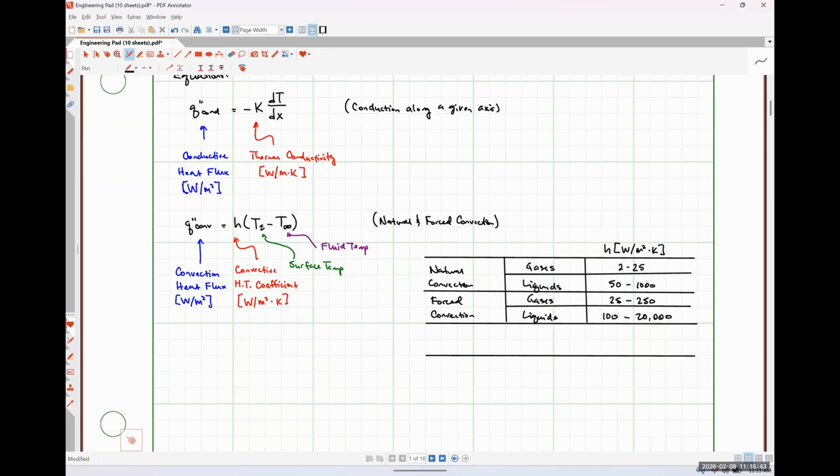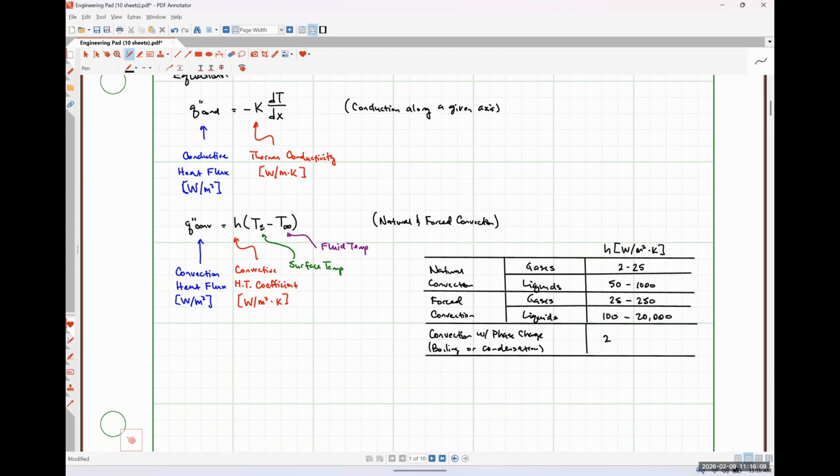And then lastly, we've got convection with a phase change. Meaning that we are either boiling our material or experiencing some form of condensation.